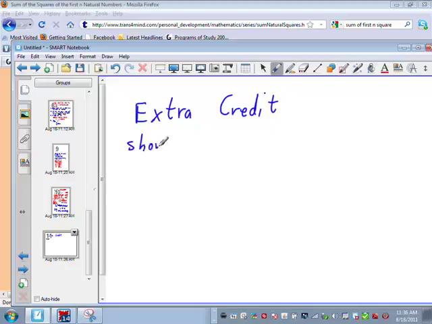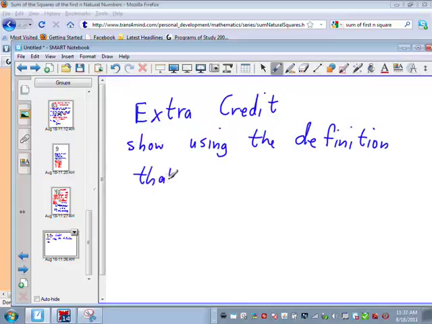Show using the definition that the integral from 0 to 1 of x to the third is what? What is it? 1/4 for sure.